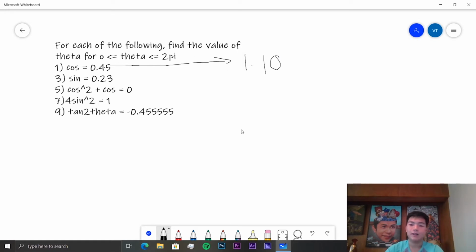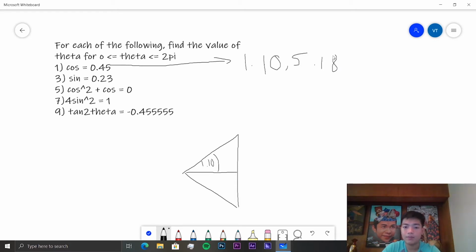To get the other value, we need to remember that we need the same x value for the cosine value. Since this is 1.10, we'll find the same x value if we get 2 pi minus this amount. So if we punch in 2 pi minus the answer we got, we also get 5.18 is also a valid solution. Okay, next.